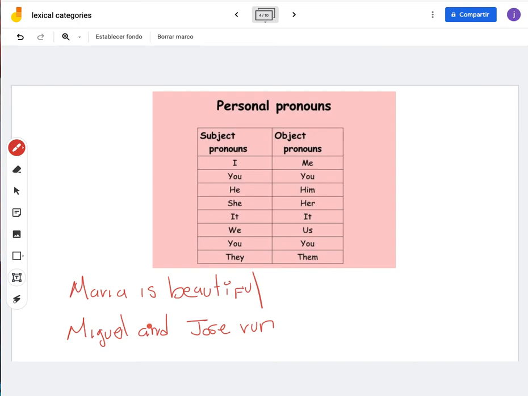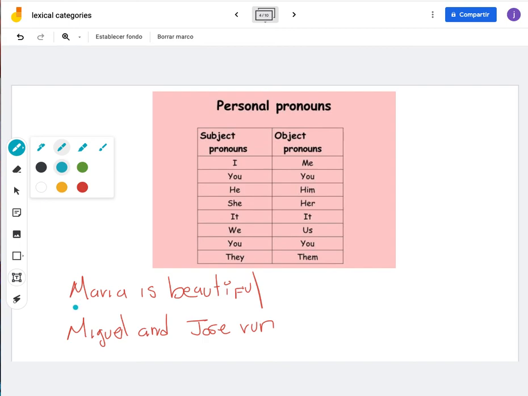So now, how can we replace those personal names with a pronoun? Remember, a pronoun is the short version. We are going to replace Maria with she, like this, and I'm going to choose another color like blue.